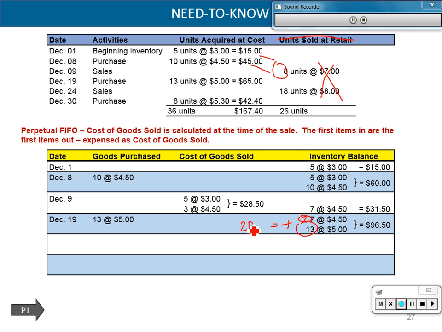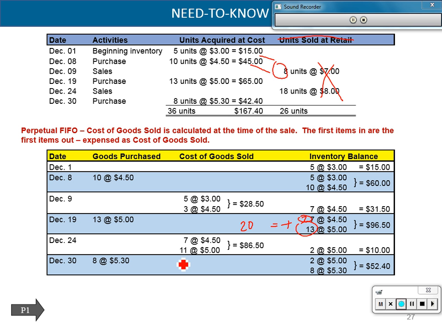The remaining 11 are gonna come from this next cost after that. 7 at $4.50, 11 of them at $5. So that leaves us with how many units in our inventory after we sold 18? Two units, at $5.